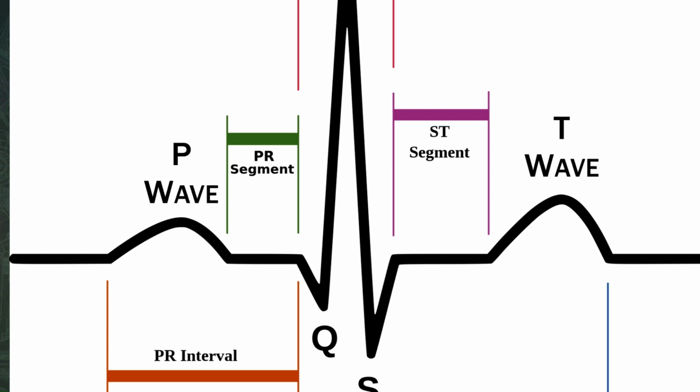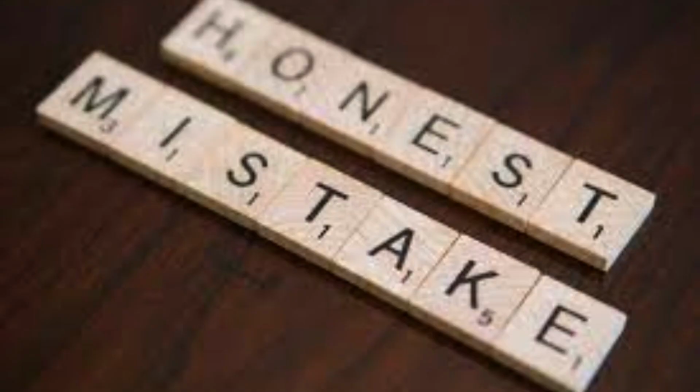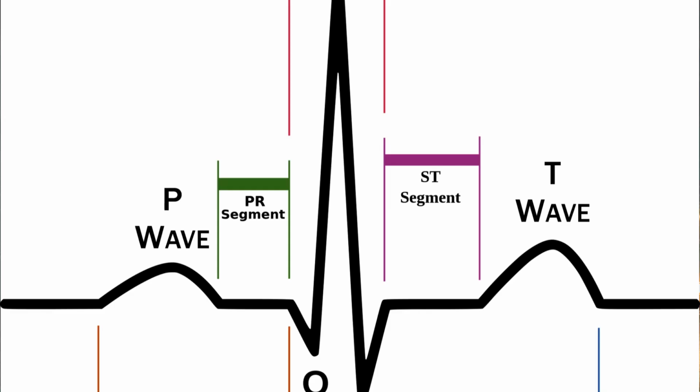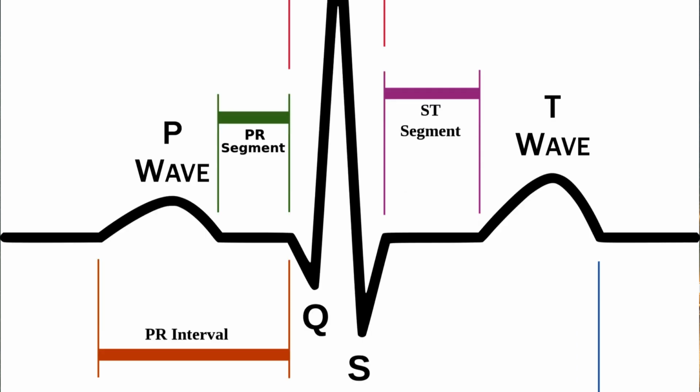The second one is the PR segment. Now, PR segment is a little bit of an incorrect name. When people discovered it, they called it incorrectly. The PR segment is actually a flat line between the P wave and the Q wave, not the R wave. When the Q wave starts, this segment finishes. But generally it was misnamed, so it's called a PR segment, not a PQ segment in reality.